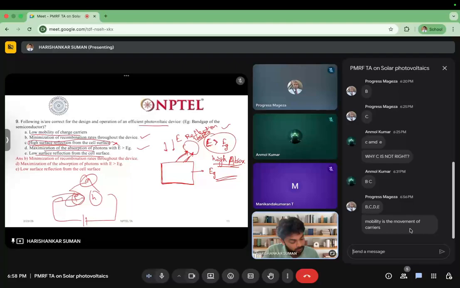So we want the electrons to flow in the circuit before recombination, and this should be high, not low. Yes, it is related to how fast the carriers are moving. Other factors are also included, but indirectly or directly they are related to the movement of the charge carrier.